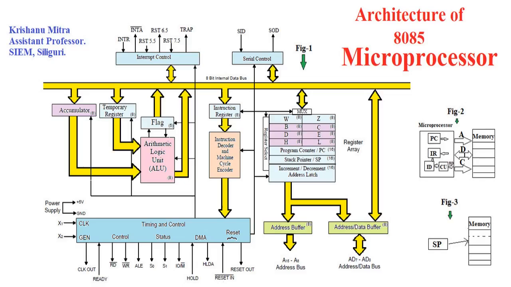It only knows zeros and ones, so it needs to decode the assembly language to machine language. That's why, after fetching, the instruction register sends the instruction to the instruction decoder. Then the instruction decoder decodes it and sends it to the timing and control unit. The timing and control unit will send a read signal to the memory.